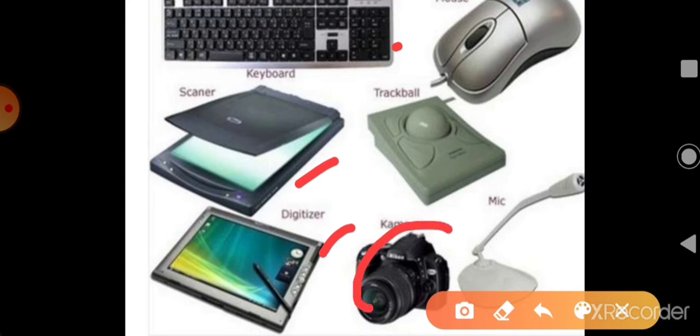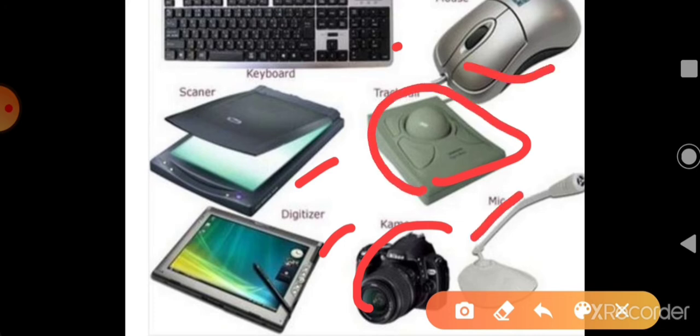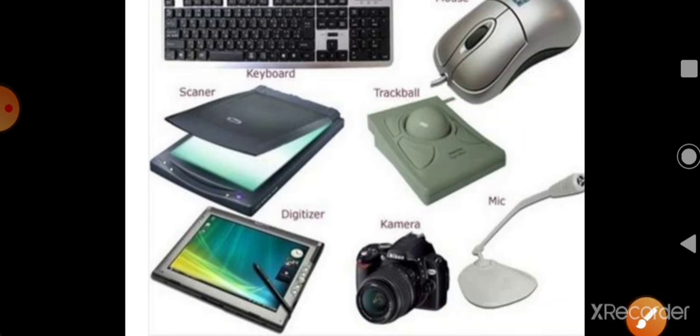Same as camera, it is used to capture an image and gives the input to the computer. Trackball is used to give a cursor. Same as mouse, it is used to give a cursor as input. Mic is used to give sound as input to the computer. All these hardware parts of the computer are used to give input to the computer.